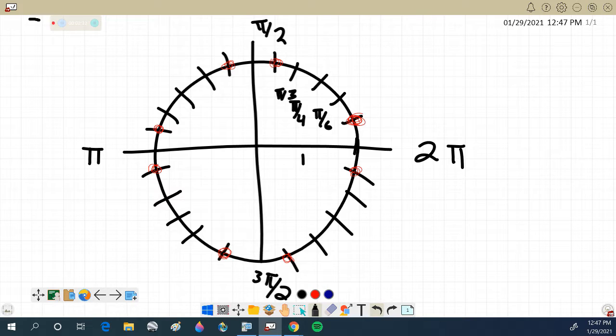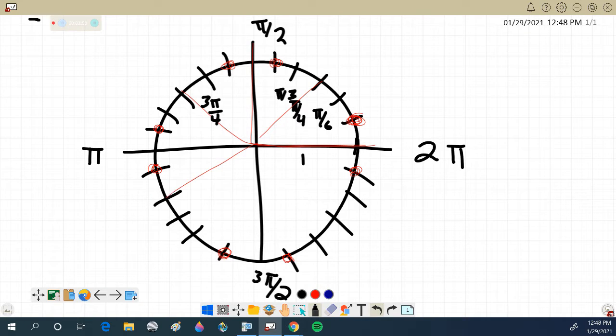And then we skip 5, and 6 is going to be pi over 2. Okay? Well, if this angle is 1/4, then this angle would be 2/4, and this angle would be 3 pi over 4.